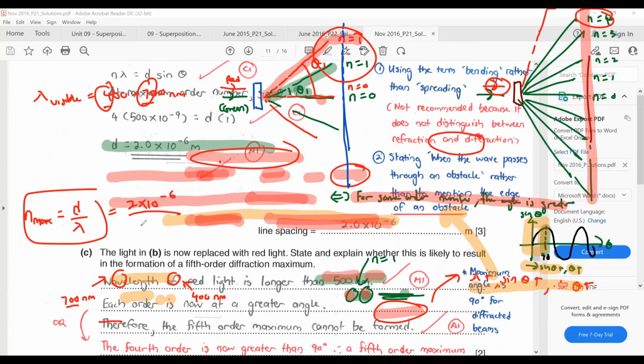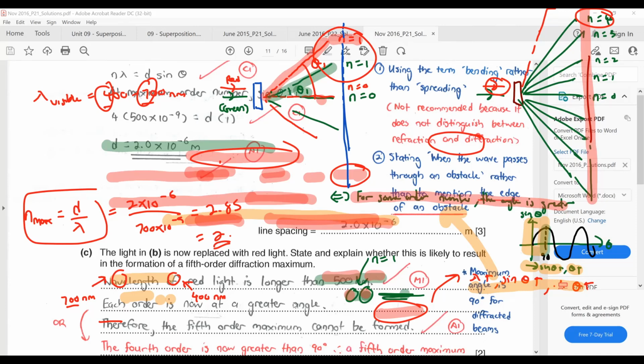Lambda for red light is 700 times 10 power minus 9. So 2 times 10 power minus 6 divided by 700 times 10 power minus 9. You're going to get 2.85. It's actually 2 only. Okay.